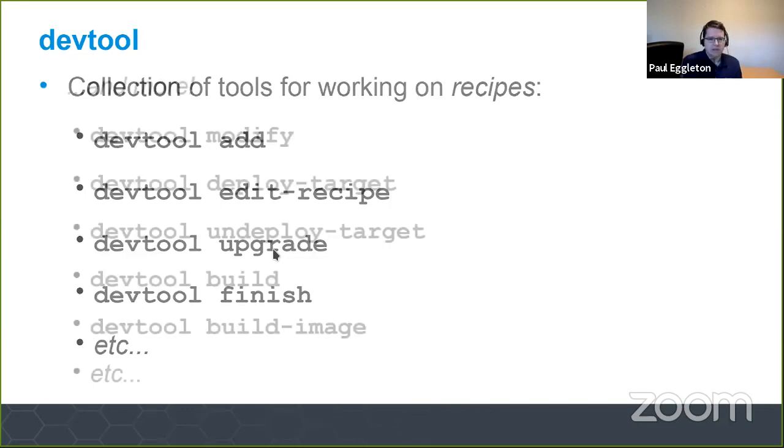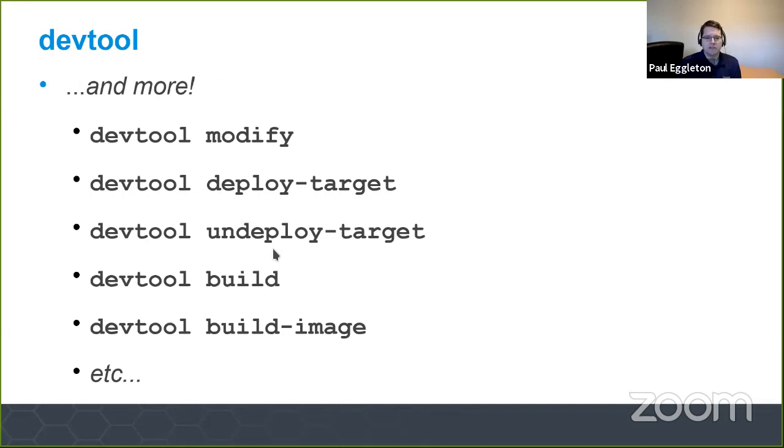So on the next slide, we've got a few others. devtool modify is another really important one. If you have an existing recipe and you want to work on the source tree in an environment which devtool's providing you to make it easy to do that, then that's your starting point. devtool deploy-target and undeploy-target let you put your built application onto a target device and take it off.